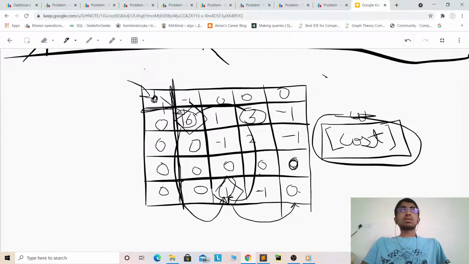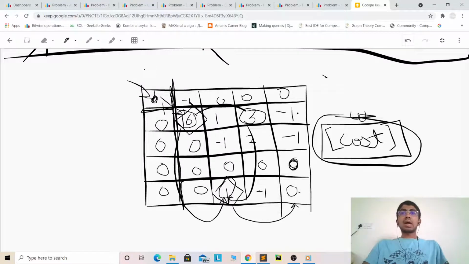That is observation number 1, and the remaining question is how do we identify the suitable portals? How do we determine if 16 and 1 are the best portals to be selected? For that we need to find the cost of reaching this cell from the start, and the cost of traveling from the second portal till the end.